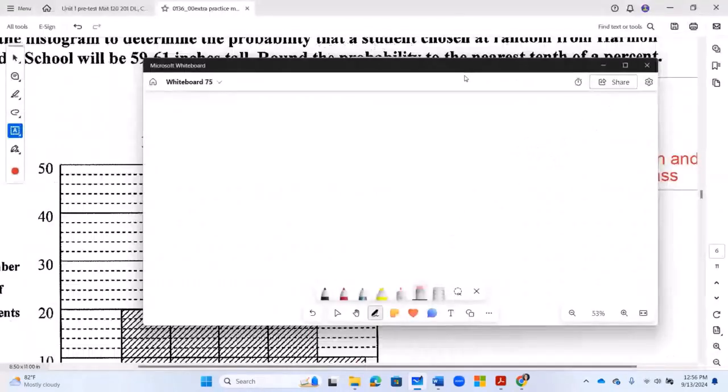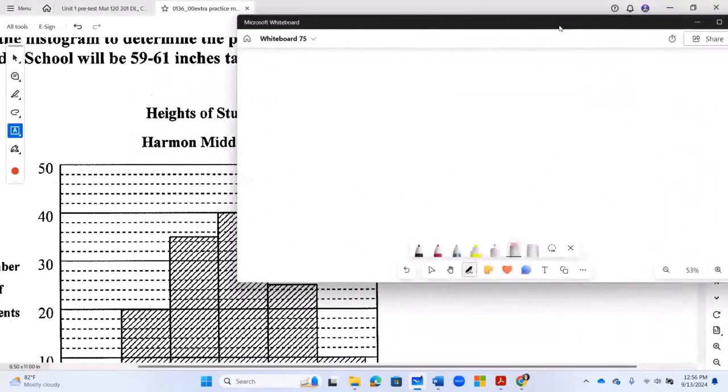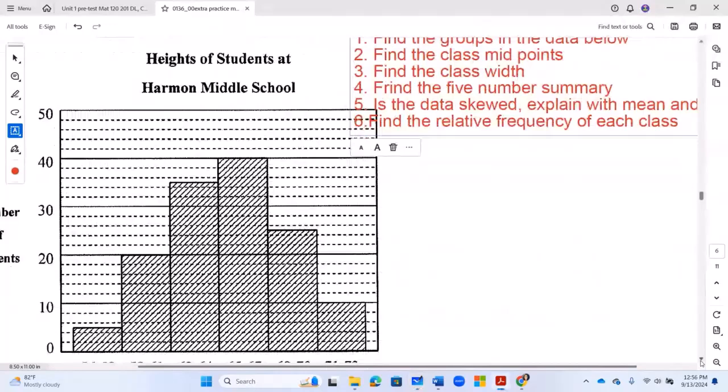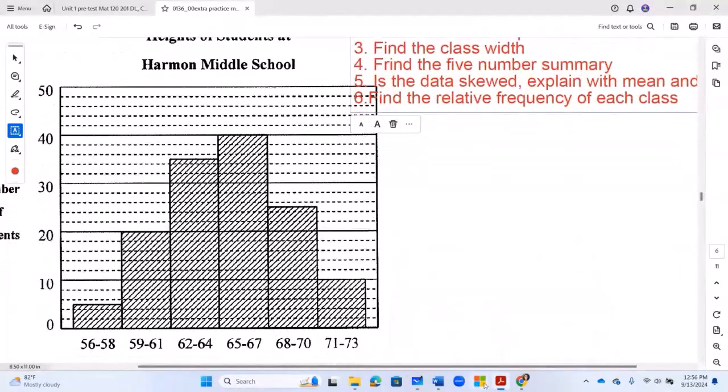And what is the first group? Looking at this data, what is the first group? Everybody look at the bottom, the horizontal axis. So we want to find the first group, second group.